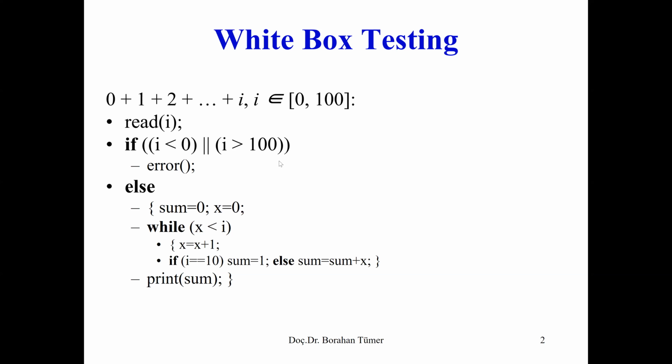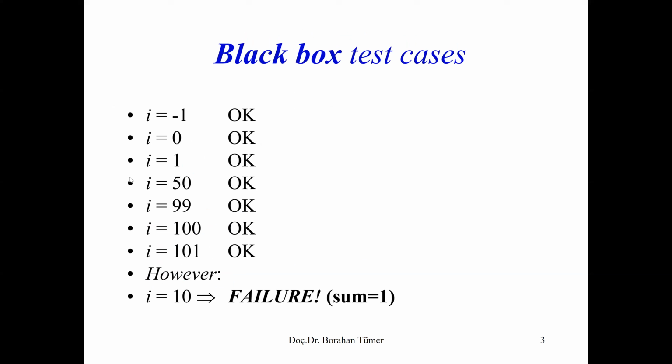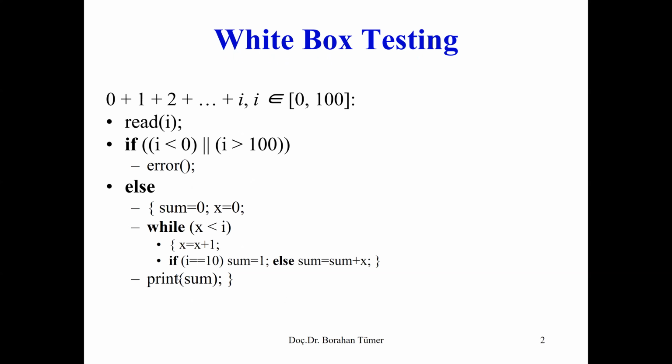And another one is 50, which is a typical representative for the equivalence class between 2 and 100. But we don't have a test case for I equal to 10 here because we can't see the code.